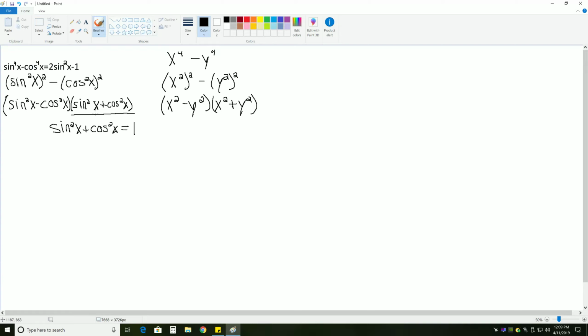So we can substitute that into our identity here, giving us sine squared x minus cosine squared x times 1. And now from here, this just becomes sine squared x minus cosine squared x.